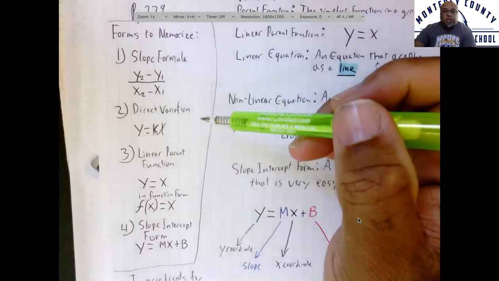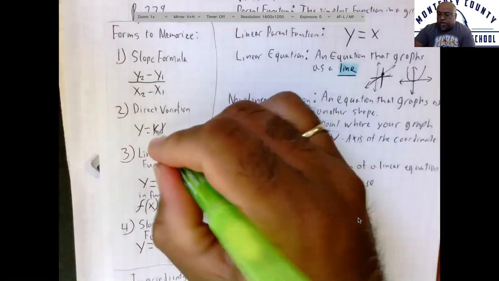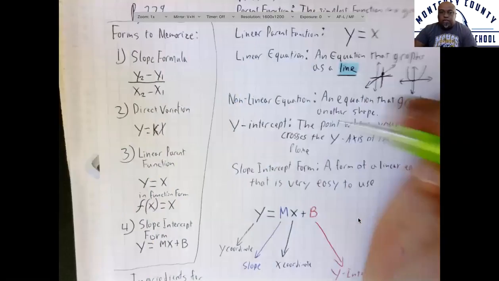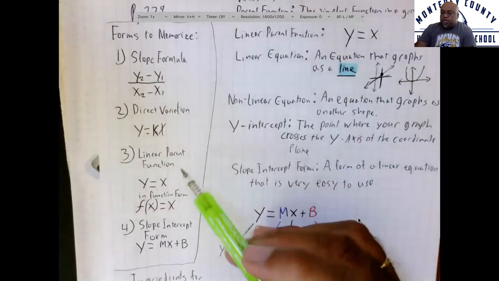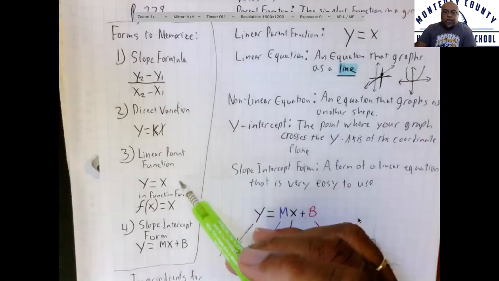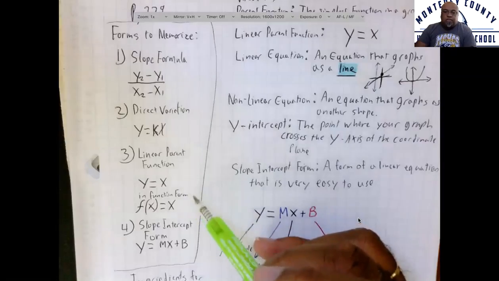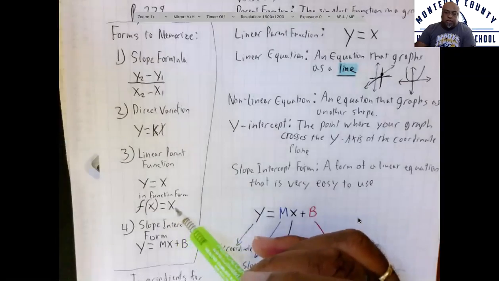Number 2, direct variation. That was the last lesson I taught you, which is y equals kx. I believe I said that this is a fairly easy lesson, and it's a fairly easy equation to use. In today's lesson, I just taught you the linear parent form, which is y is equal to x, but you can also write it in function form, which is f of x, or function of x, is equal to x.